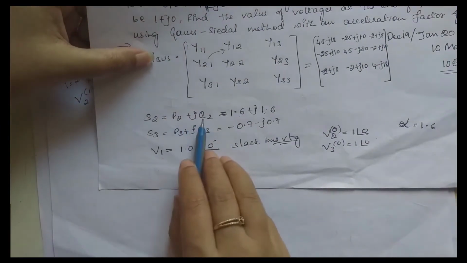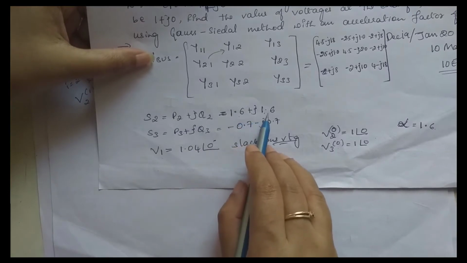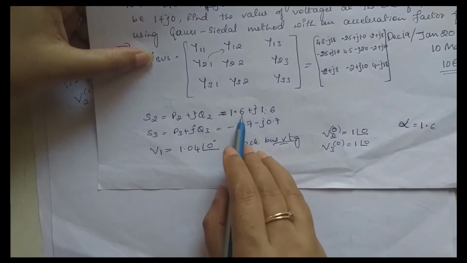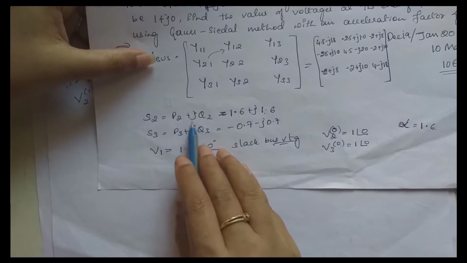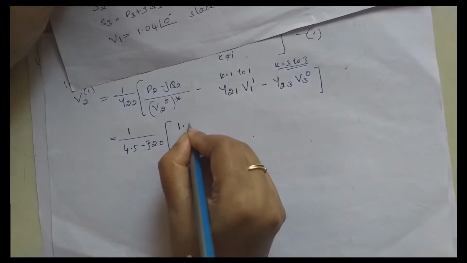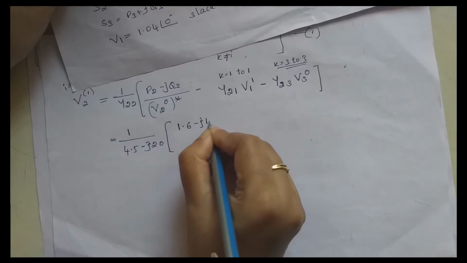It is not P2 plus jQ2, it is P2 minus jQ2, so it has to be 1.6 minus j1.6.